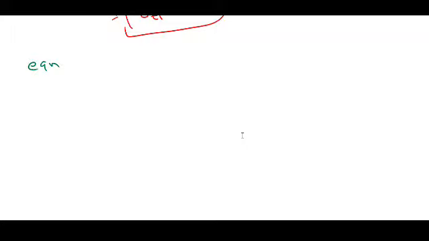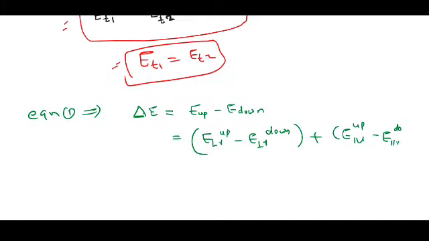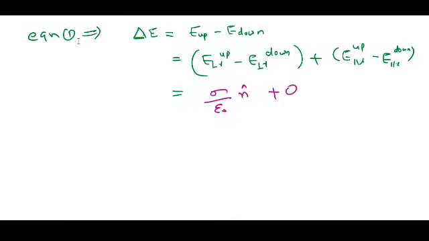Therefore, I can write equation 1, the difference in electric field when it crosses the charge sheet, that is E up minus E down, that was equal to E perpendicular up minus E perpendicular down. We have already written this in equation 1. This is E parallel up minus E parallel down, and here we have the result to substitute, sigma over epsilon 0 into n cap, and the parallel term is 0.